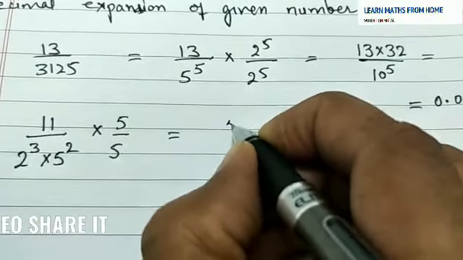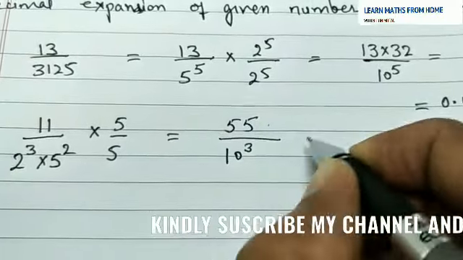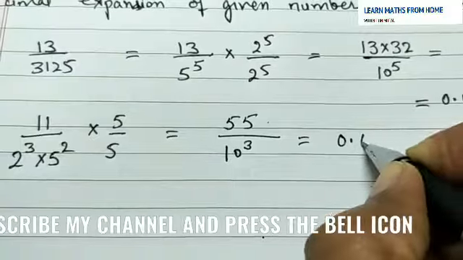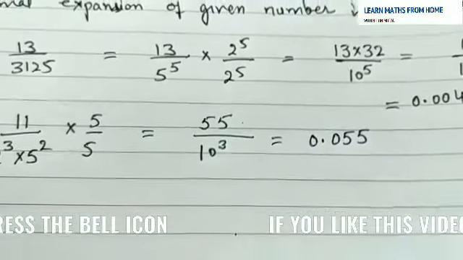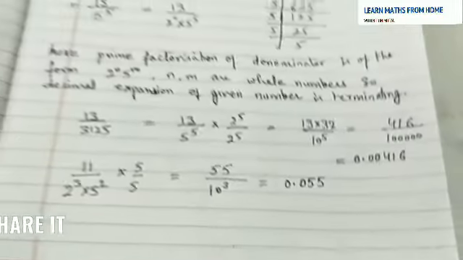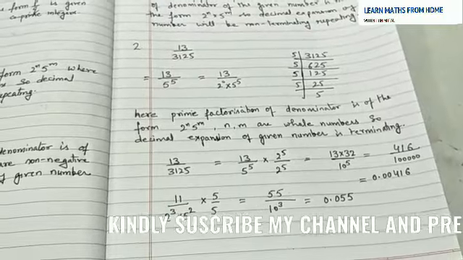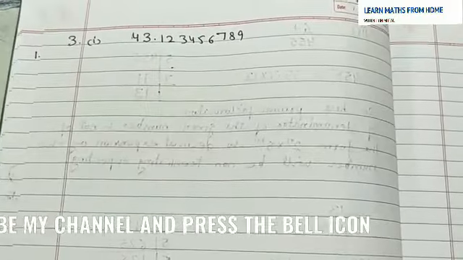So the numerator will become 55 and the denominator will become 10 raised to the power 3. So it is 0.055. So this is how we have converted into decimal. So this is your second question of exercise 1.4, first part.